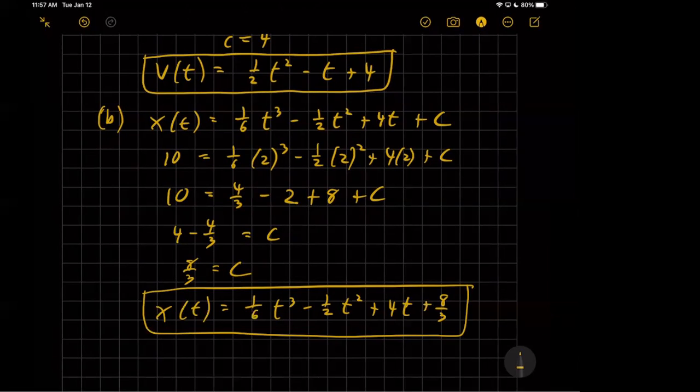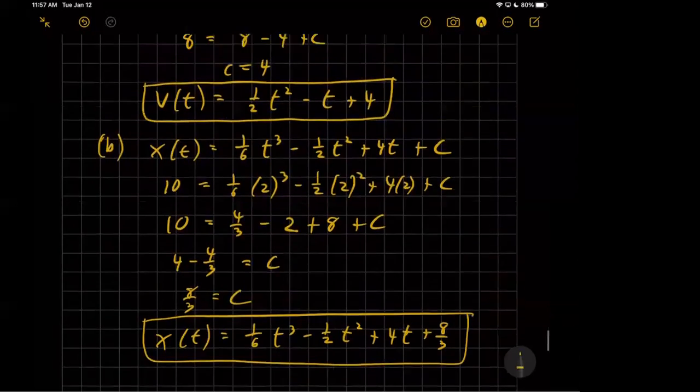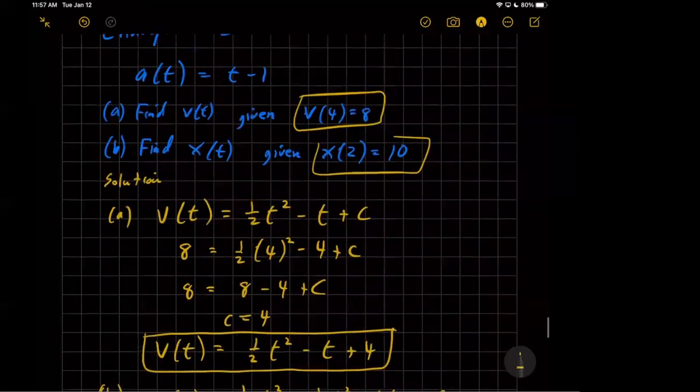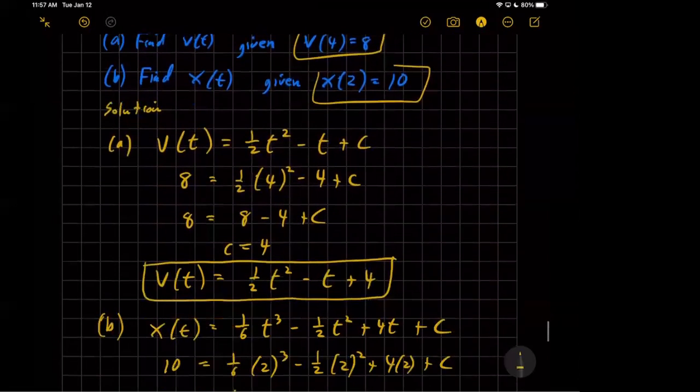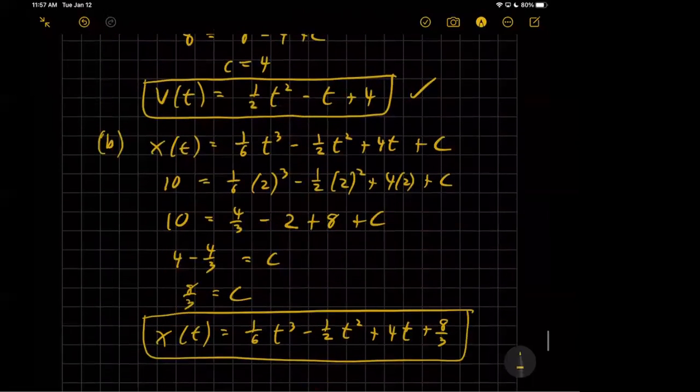Okay. Now you can see this allows us to work with accelerations that are more complicated than what you've had in physics class. So far in physics class, all of your accelerations have been constant accelerations. All right. This acceleration is a linear acceleration. So you can see that a linear acceleration gave us a quadratic velocity function and a cubic position function.